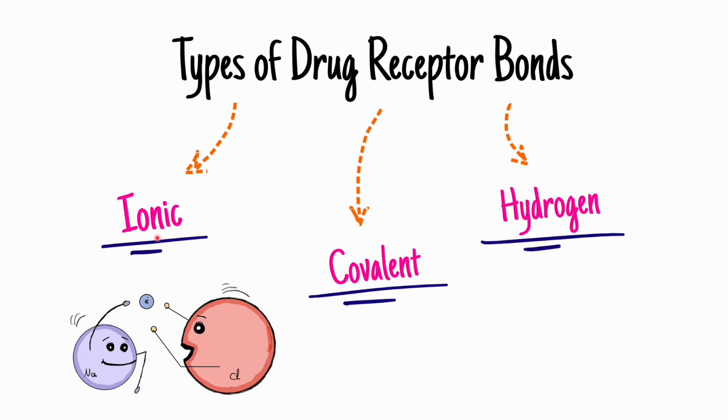The second one is ionic. And ionic means that the drug has a positive ion and the receptor has a negative ion, or vice versa. And as you know from basic physics, positive and negative different charges attract each other. And this bond is strong, but it is reversible.